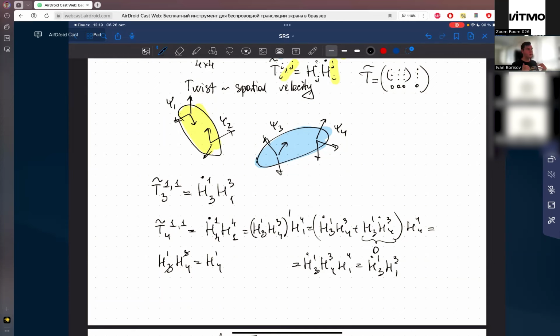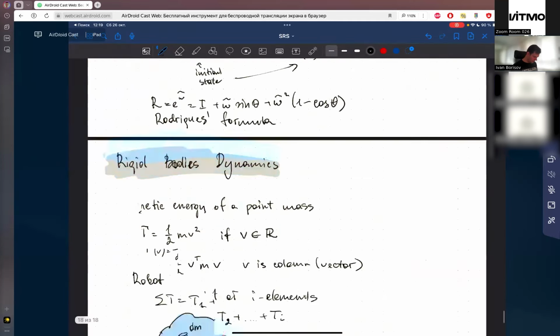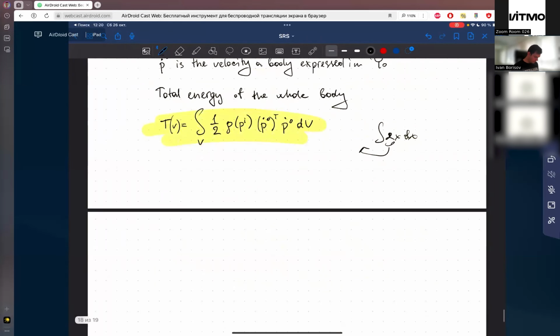So if we represent kinetic energy in terms of twist, we can get the twist out of the integral such that the equation will be much simpler. Do you see the idea? Yes. All right, let us proceed then. So our task here is to make this equation simpler.